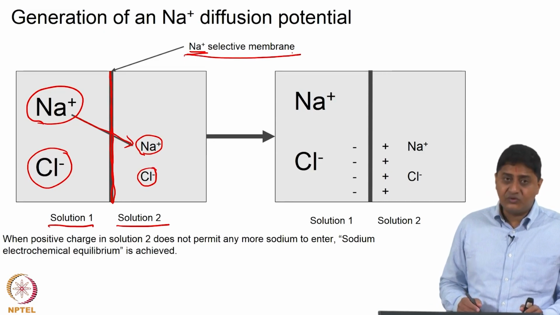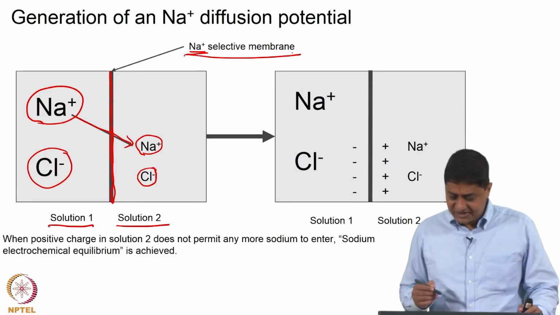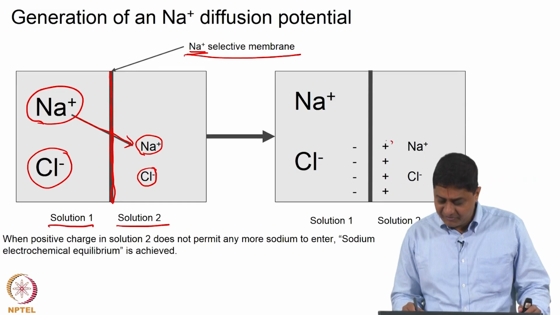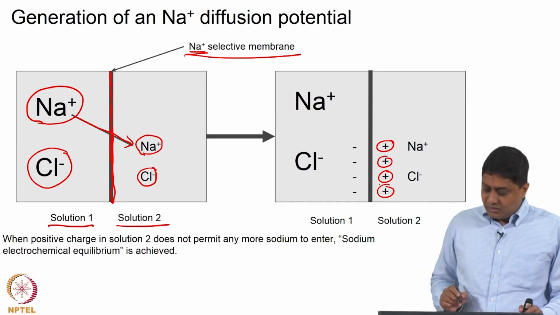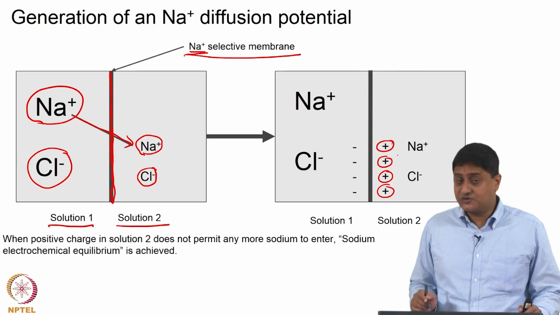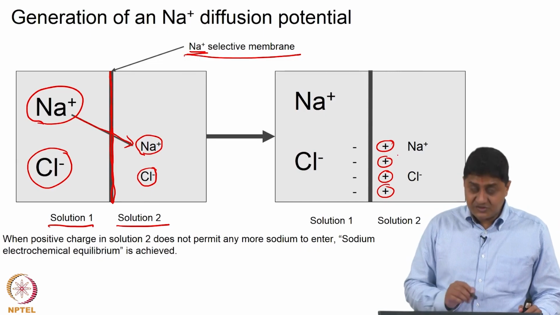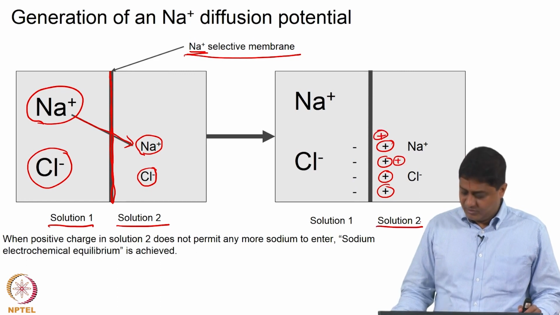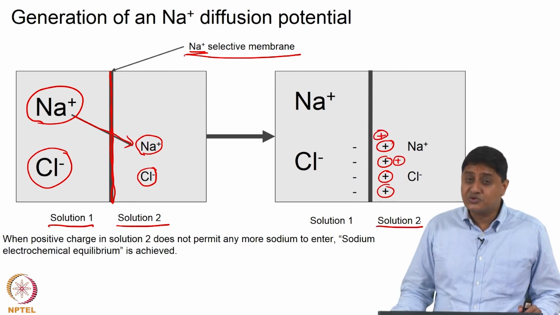But since only sodium is diffusing, this causes a build-up of positive charge on the right side. If chloride was also able to diffuse, you would not have this situation, but when sodium alone is diffusing, you have a build-up of positive charge in solution 2.